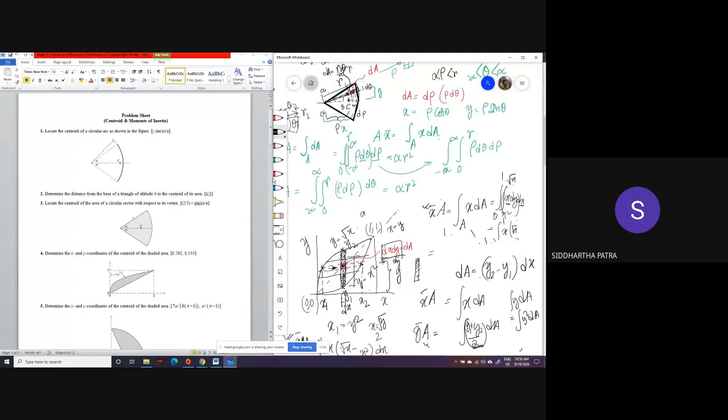Basically there are two independent variables, so there is one inner integration and one outer integration. Based on what you write, you may choose dx dy or dy dx, and as you practice more problems, you know when to take which one first.